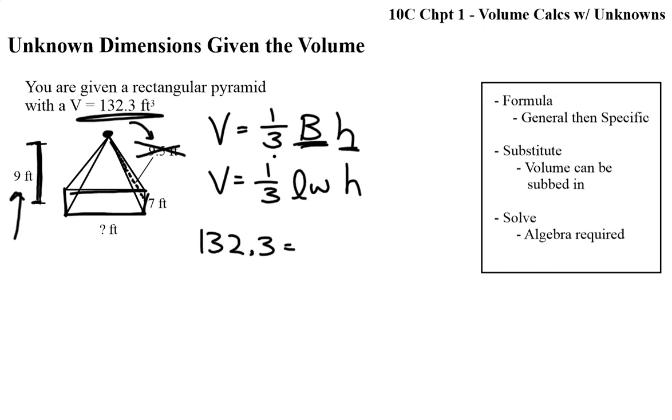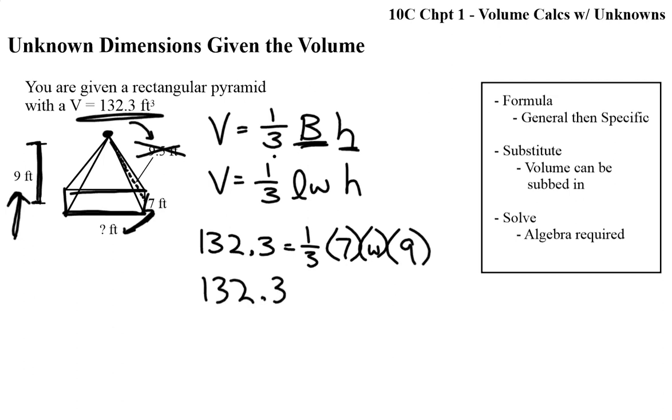132.3 is 1/3 times the length. Well, which one's length, which one's width? They're interchangeable. I'm going to solve for the width here. Length is 7, width we don't know, and the height we just talked about of the pyramid is 9 feet. So we have 132.3. What can I multiply here? 1/3 times 7 times 9.